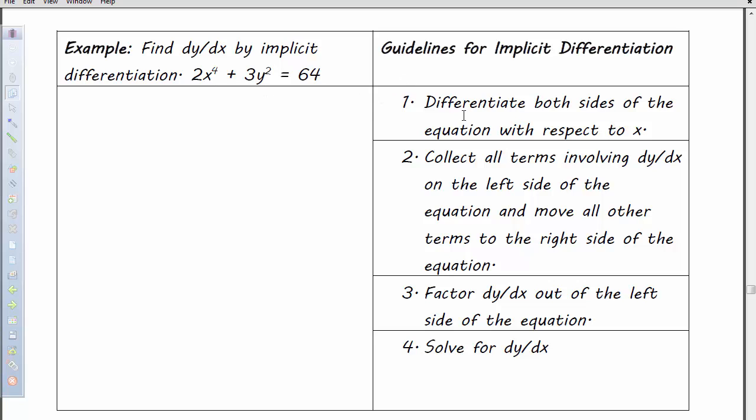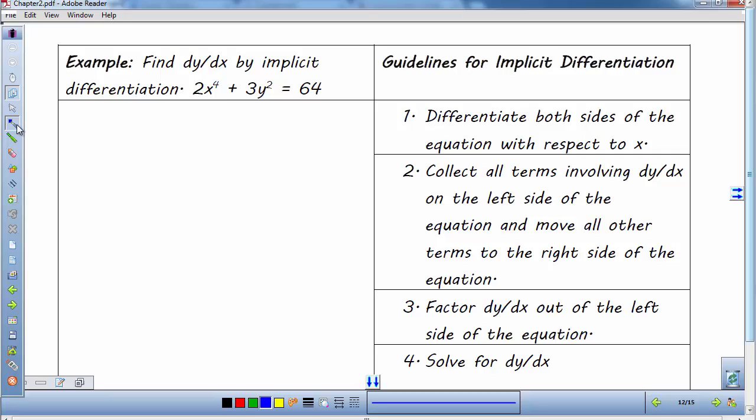All right, so first step, we're going to differentiate both sides of the equation with respect to x. So I start on the left side. We've got 2x to the fourth plus 3y squared equals 64. When I take the derivative here, I get 8x cubed plus 6y, and I'm going to follow that y with dy dx, okay?